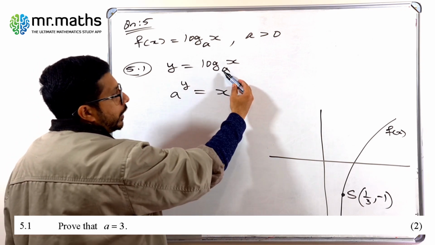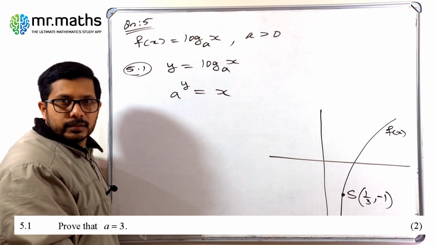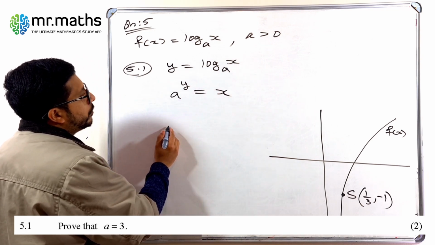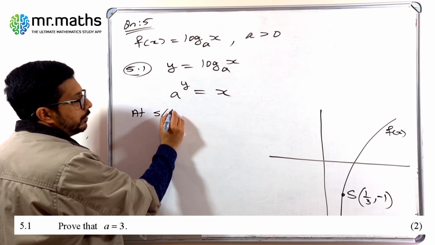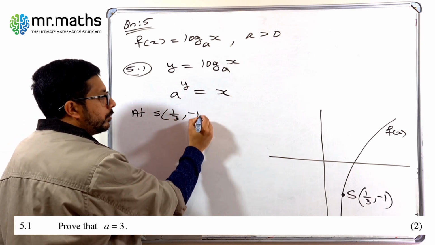Look at this, a to the power y is equal to this x. So now we can substitute the values at S, 1 over 3, that is the x value. Then what is the y value? -1.